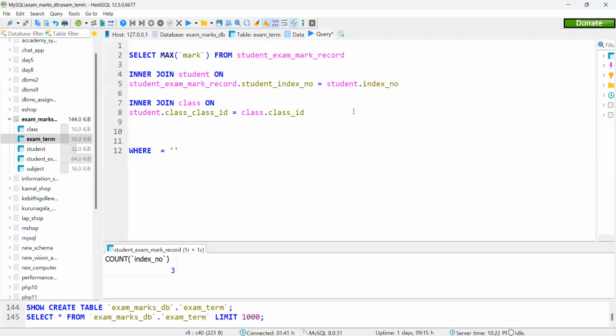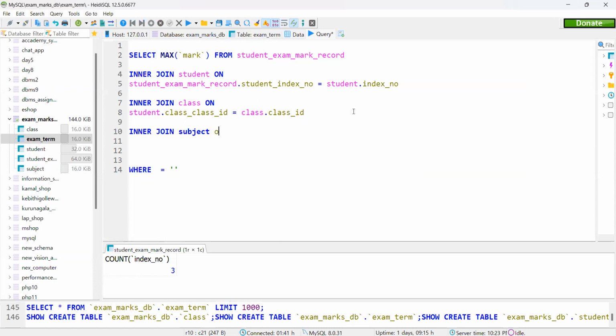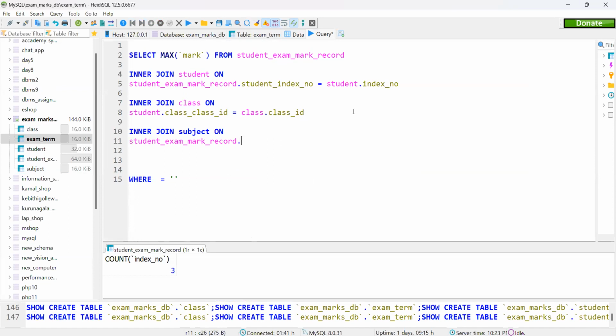We have to add the subject table, therefore join to find our subject table on student mark record subject ID and subject table subject ID, and conditions are for subject name.